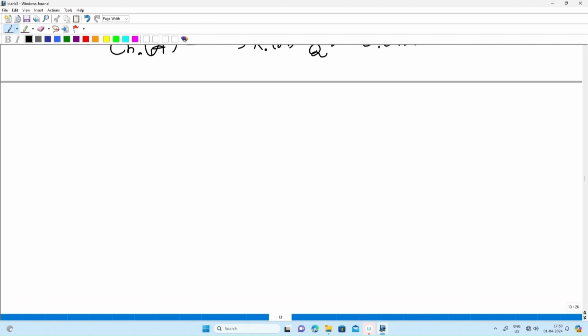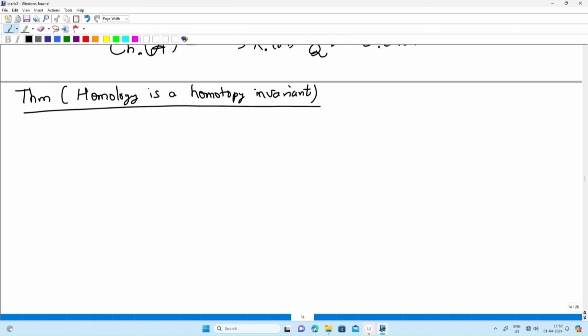Okay, so next theorem, which states that homology is a homotopy invariant. What do you expect this result to say?